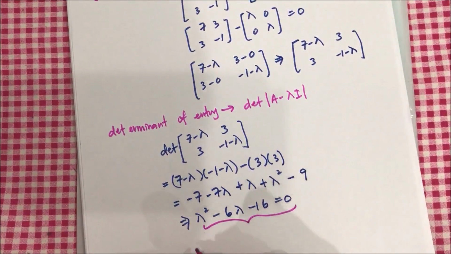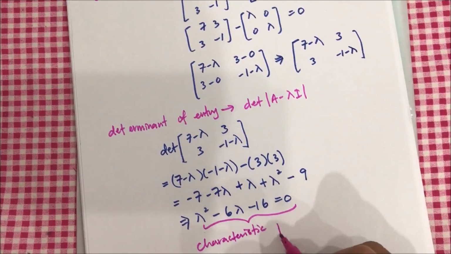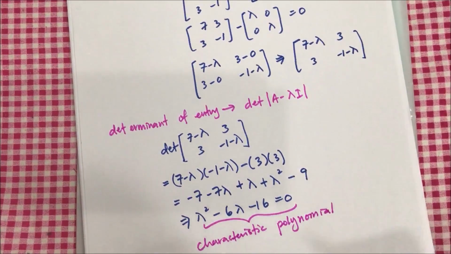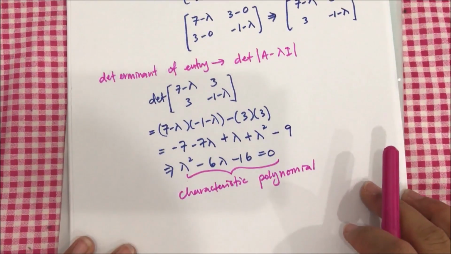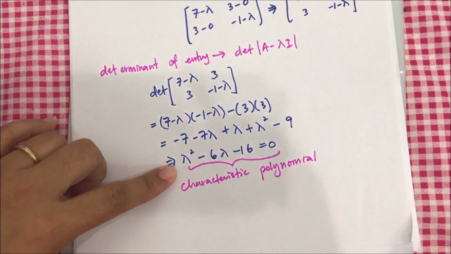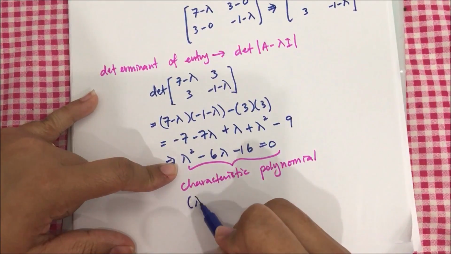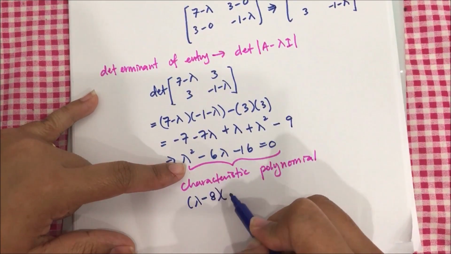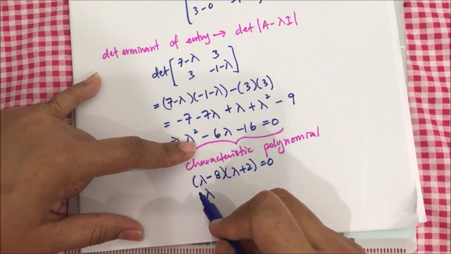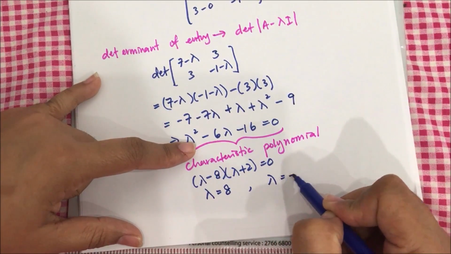So from this, lambda square minus 6 lambda minus 16 equal to 0. It is actually (lambda minus 8)(lambda plus 2) equal to 0. So the eigenvalues are equal to 8 and equal to negative 2.